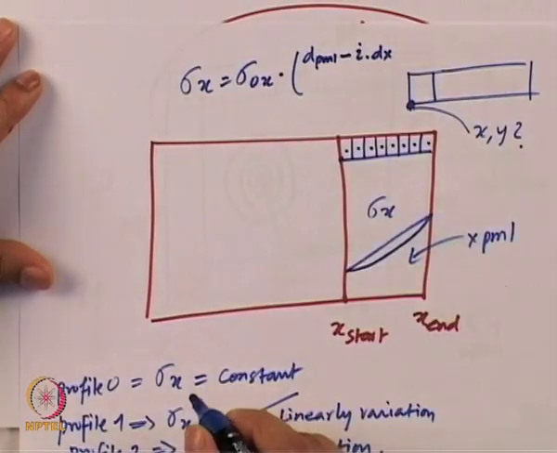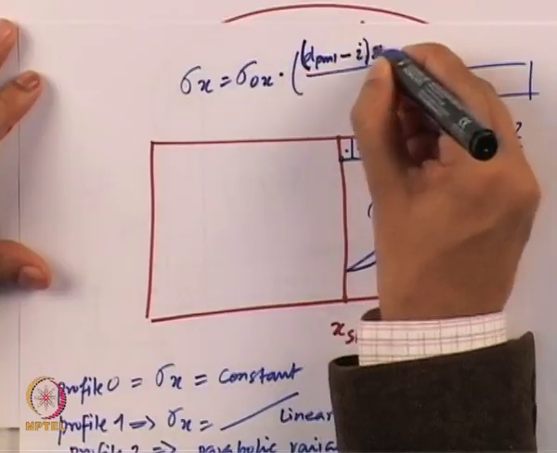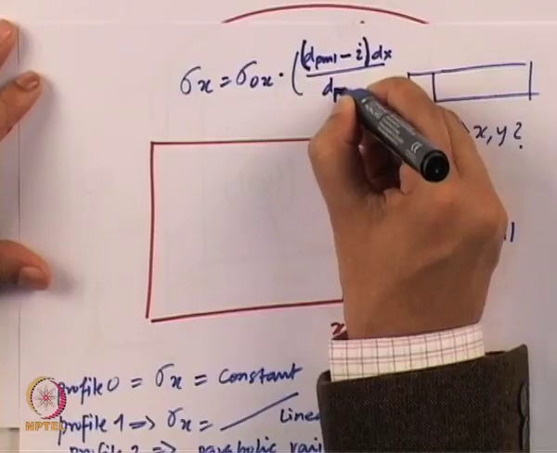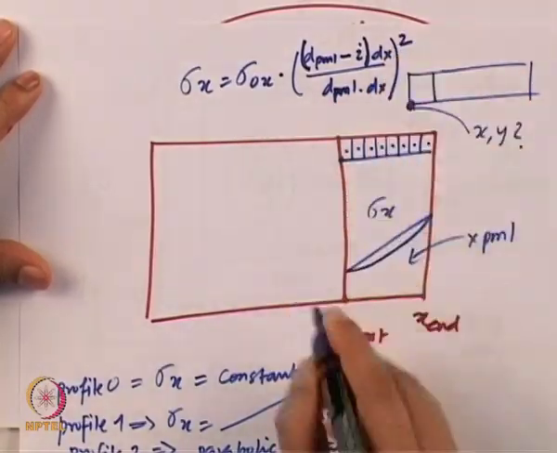This is going to give me my x value. So there should be a bracket here, divided by dPML multiplied by dx, the whole square.